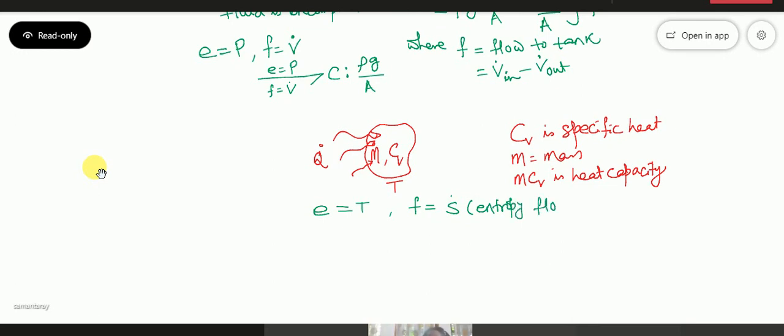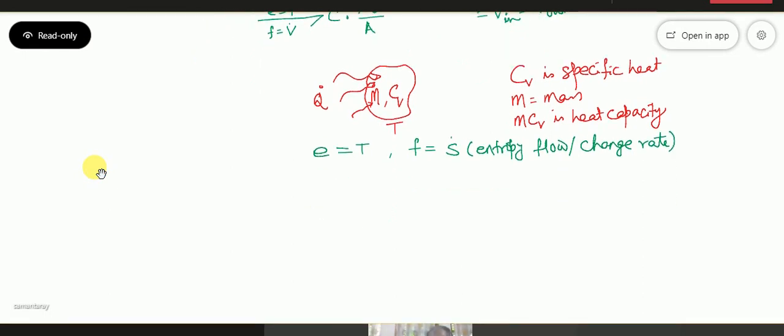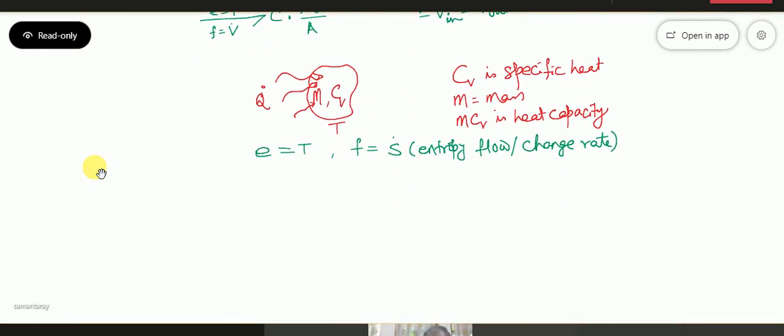Unless we use this, the multiplication will not be power. So for this, we can write the change in internal energy is TdS.